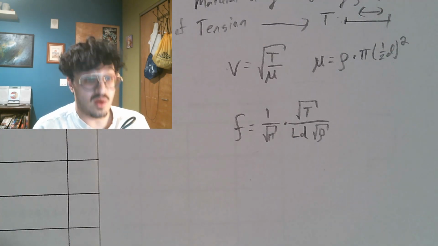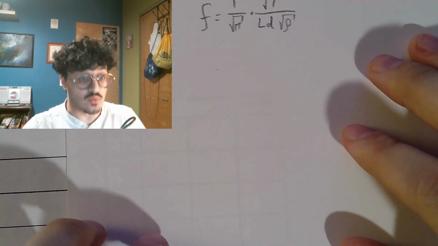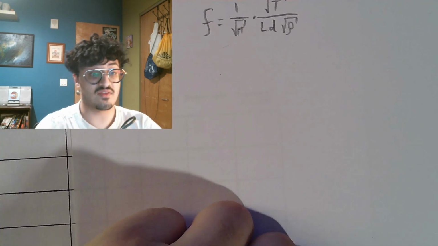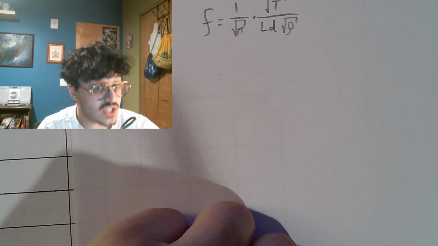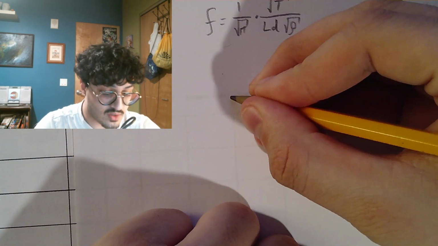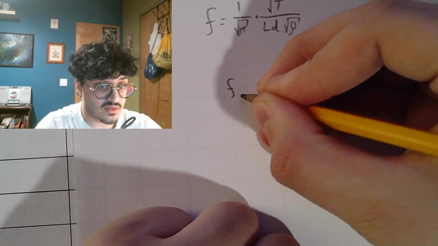Finally, what we need to care about. Instead of talking about strict frequencies that strings create, we are going to be going through and finding how changing these variables impacts the frequency of a string. We're going to be doing so by taking a ratio of two things.